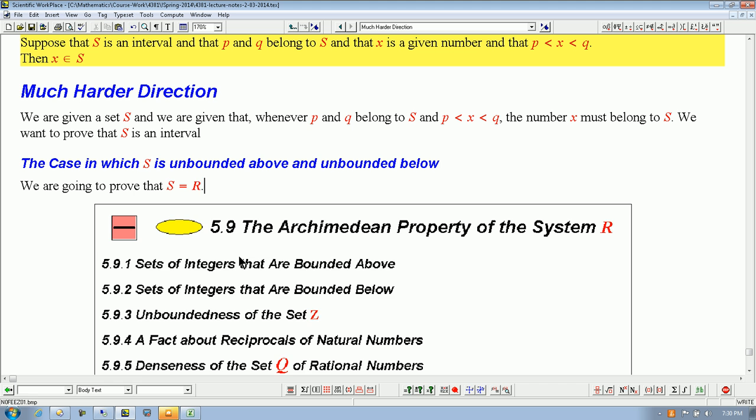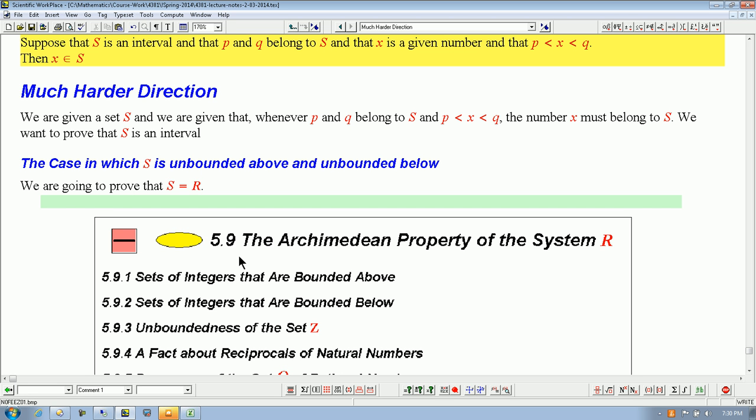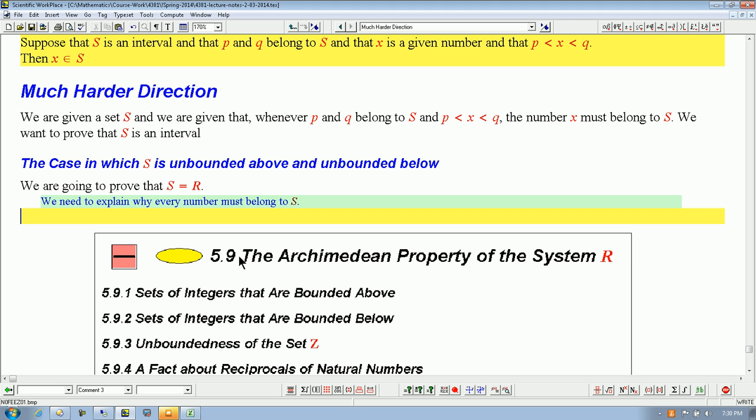I'll tell you what, I will put this. We need to explain why every number must belong to S. I thought I would say that before I get going. Folks, how do you prove for every?